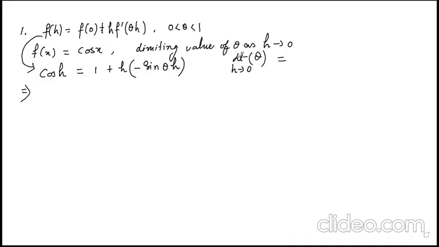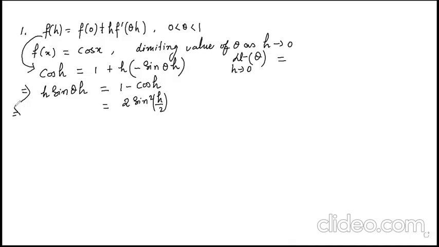So let me reform it: taking theta on the right hand side, it becomes h sin theta h, and the left hand side becomes 1 minus cos h. What about 1 minus cos h? It is 2 sin square h by 2.